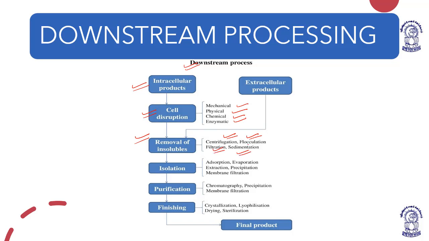Then isolation with the help of adsorption, evaporation, extraction, precipitation, membrane filtration. Then purification with chromatography, precipitation, membrane filtration. Finishing: crystallization, lyophilization, drying, and sterilization. All these processes are involved in downstream processing to get the final product.